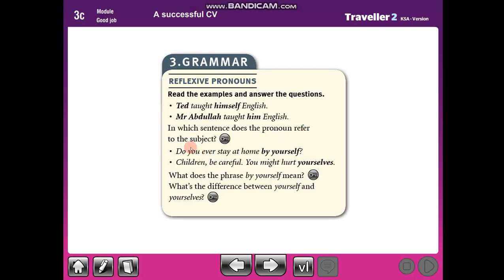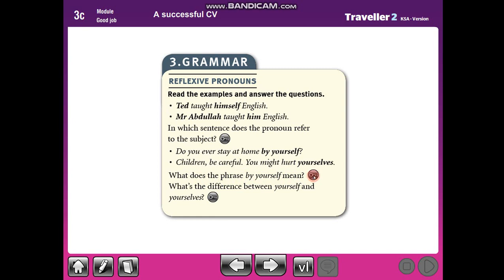Okay. Do you ever stay at home by yourself? Children, be careful. You might hurt yourselves. You can put the reflexive pronoun for you is yourself. If you have plural, such as children, you will use yourselves. What does the phrase by yourself mean?